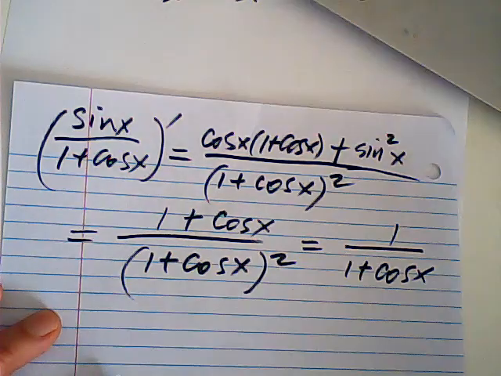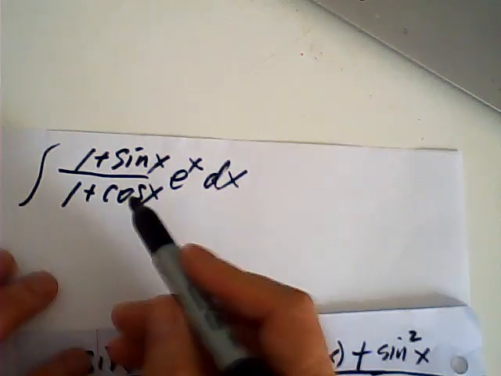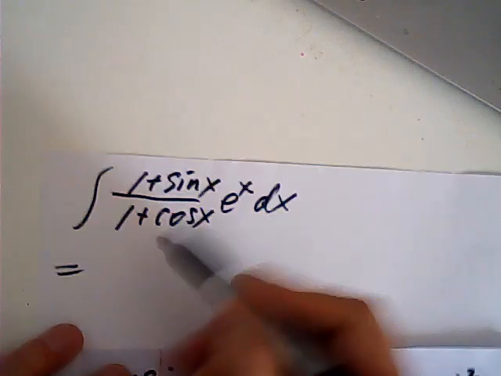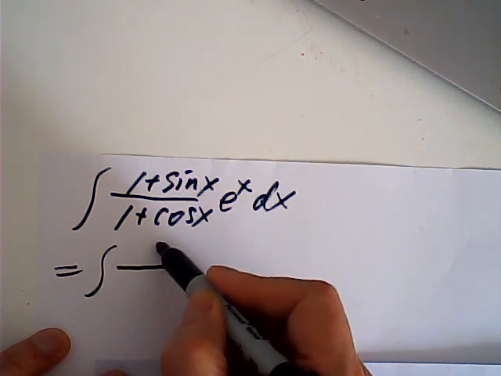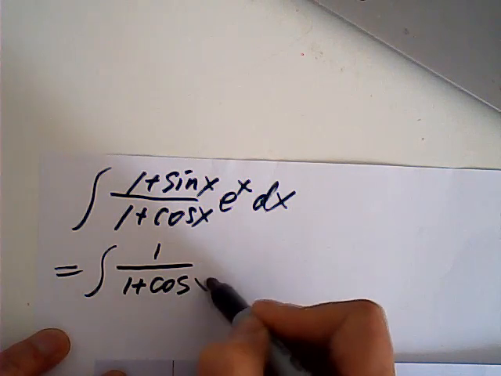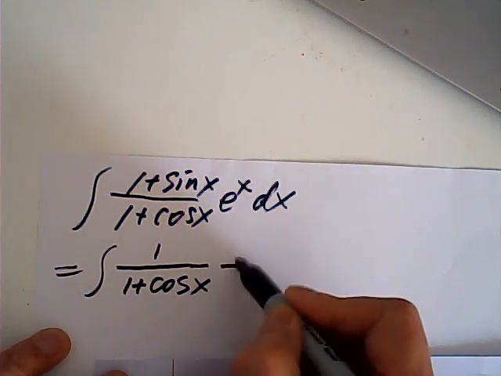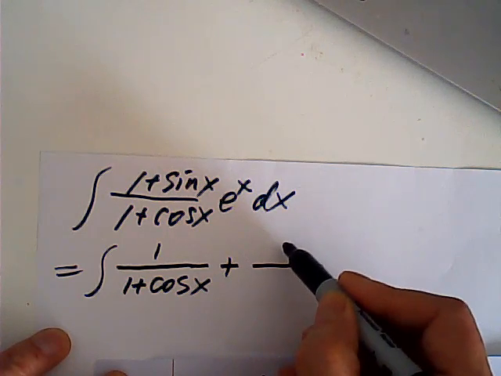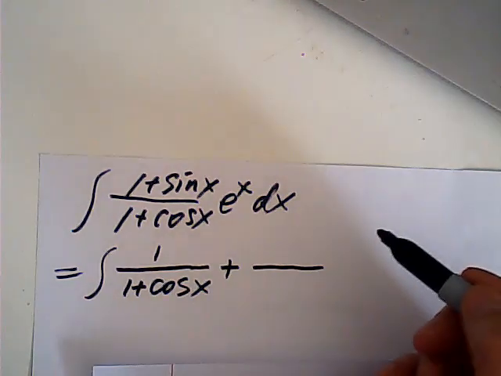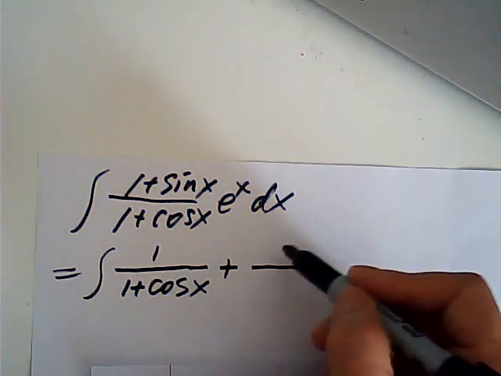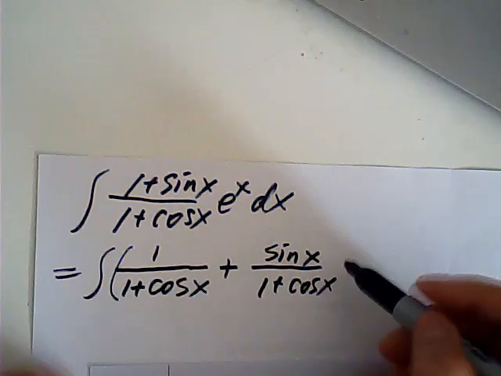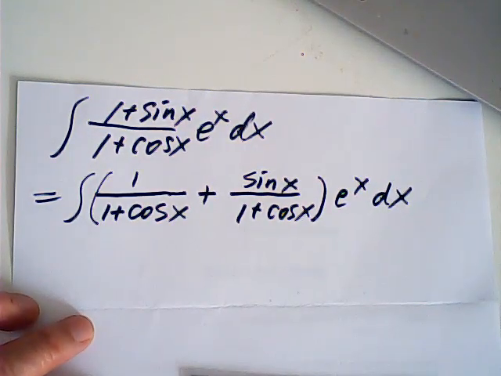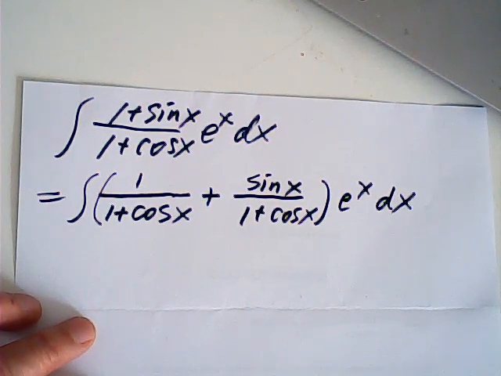Now I'm doing it this way, right? I split this one into 1 over 1 plus cosine x plus sine x over 1 plus cosine x, altogether times e to the x dx. Okay, that's good. What then?